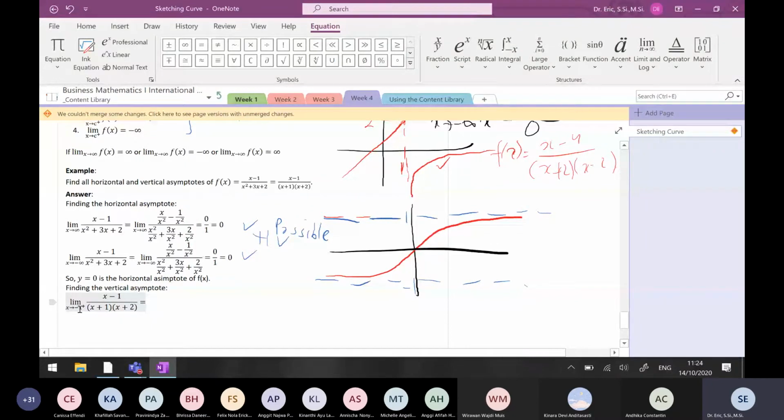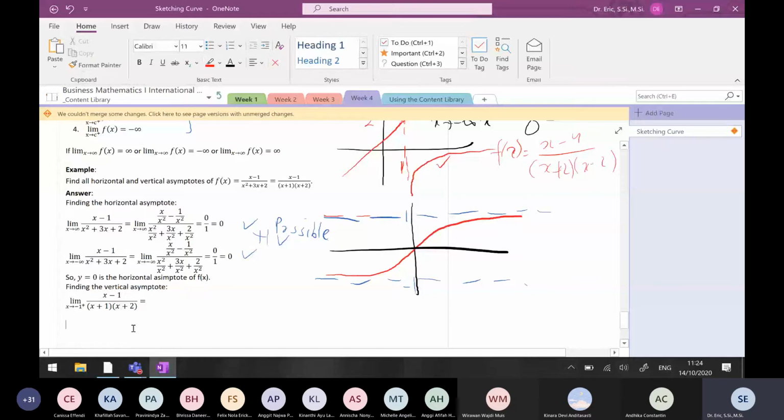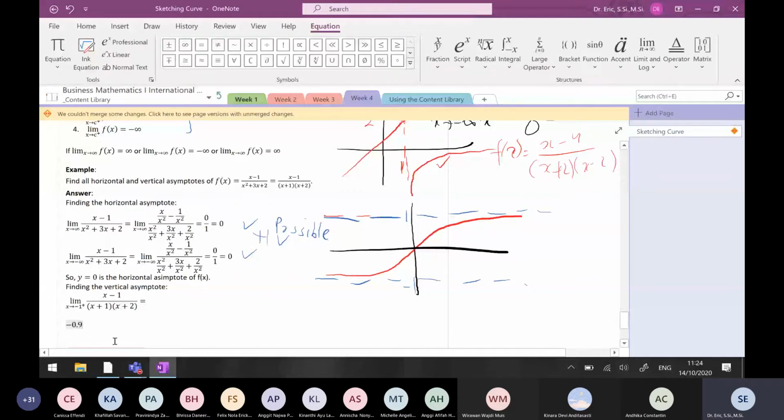it means minus 1 plus, from the right means minus 0.9. Okay, yeah, you can substitute minus 0.9. When minus 0.9 minus 1, this will give you minus 1.9.